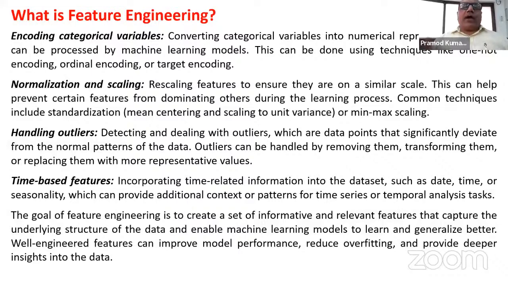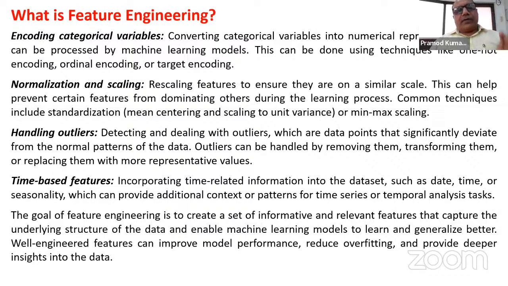I may choose, for example, 1 and 0. So 1 may represent yes, and 0 may represent no. Wherever yes and no is written, I will simply write 1 and 0 in its place. So that is the encoding of categorical variables. And it is not necessary only for binary. Even if it is non-binary in nature, for example, colors are there.